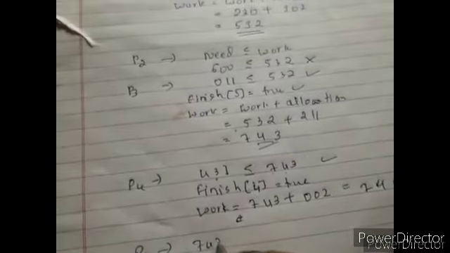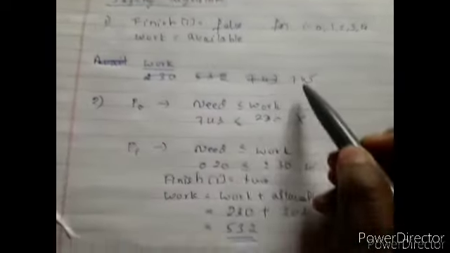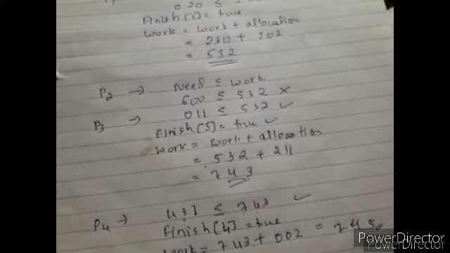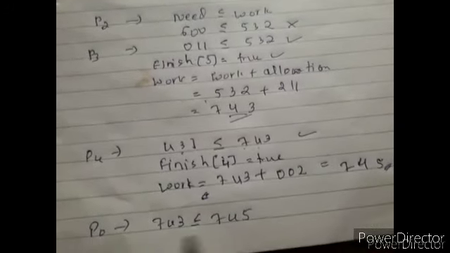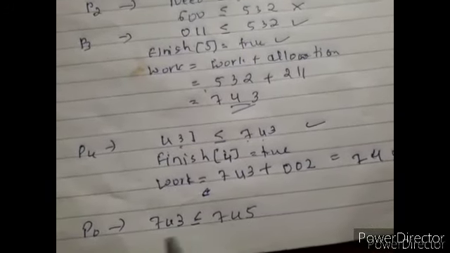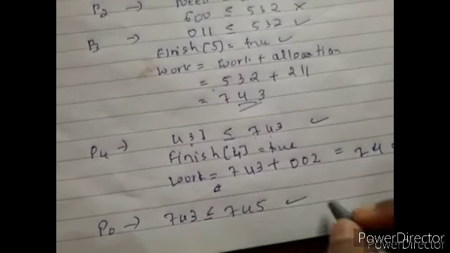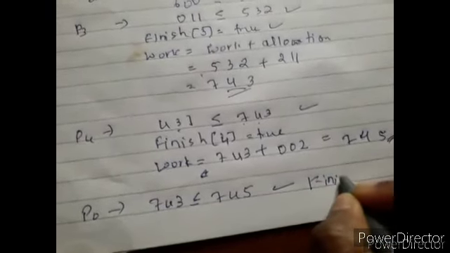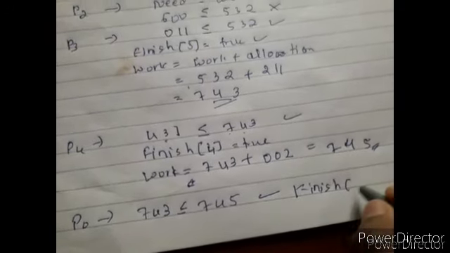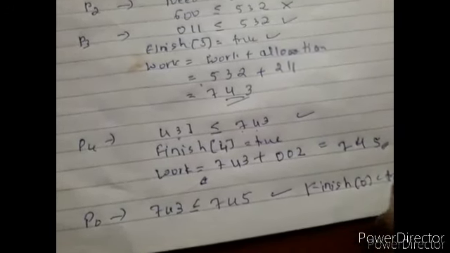It is 7 4 3. Whether it is less than or equal to work. What is the work value now? 7 4 5. Whether it is less than or equal to this one, 7 is equal to 7, 4 is equal to 4 and 3 is less than 5. The condition is true. Then you can write finish of 0 is equal to true.